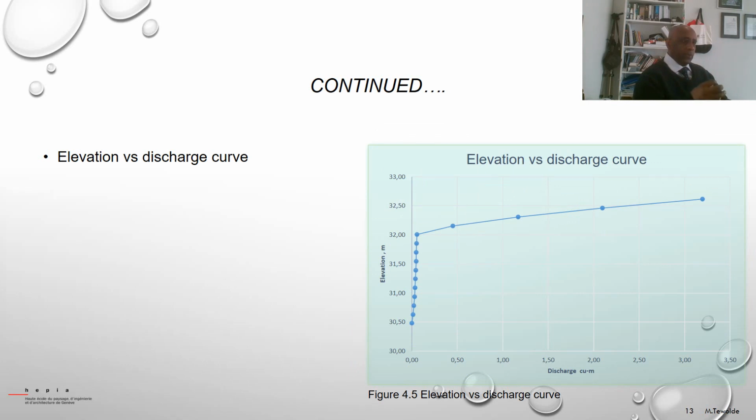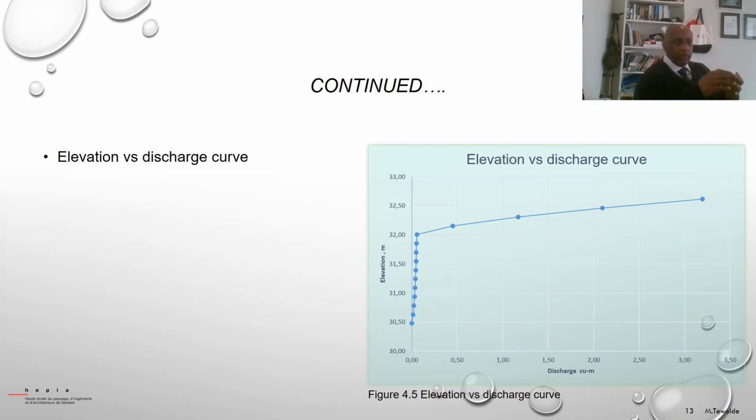The second curve we need to have is the elevation versus discharge curve. We need to develop an elevation to discharge relationship. What will be the discharge when the elevation of the water is this one, for example, because we have an orifice or a weir that the water may go through or fall over.